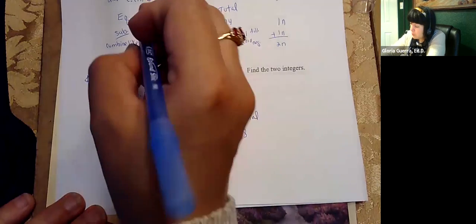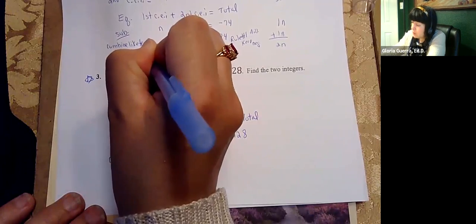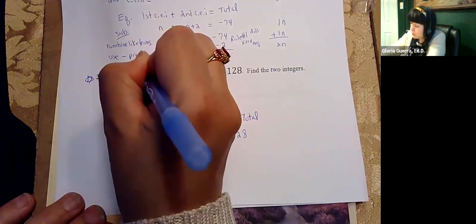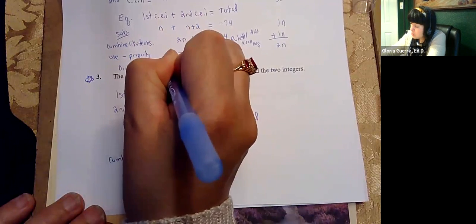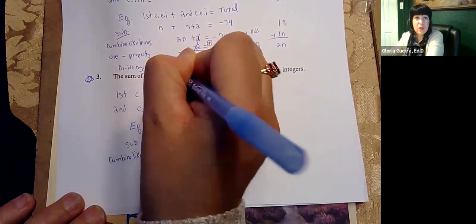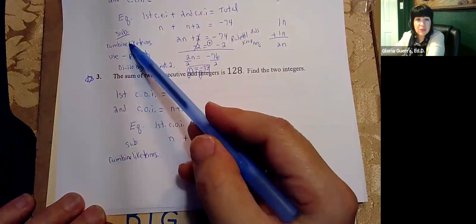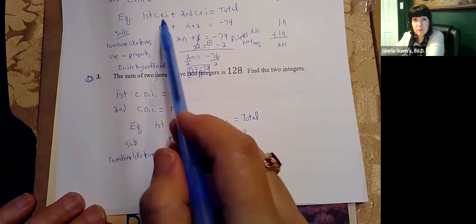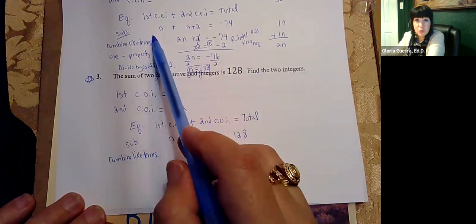Here we were using the subtraction property, and then here we were dividing by the coefficient, which was a 2. So on the test, you don't have to write these sentences. I'm your teacher, so I'm writing these steps because I want you to learn the procedure. But on the test, you should do your labeling, and you definitely need to set up your equation. You definitely need your equation.